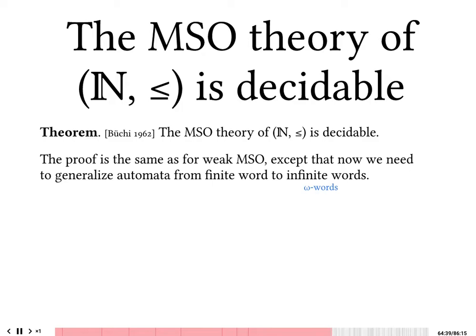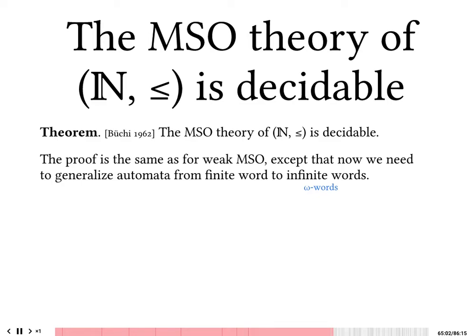So what Büchi did is he defined suitably extended automata for infinite words, and then he developed the necessary automata theory, namely that the languages recognized by these extended automata for omega words, so infinite words, are closed under Boolean operations and projection.